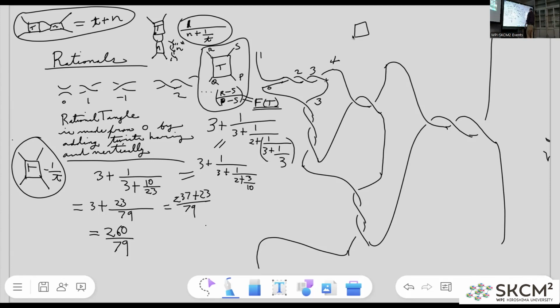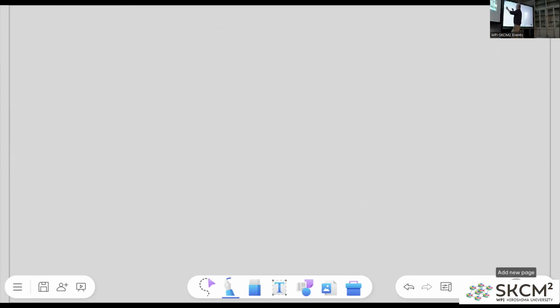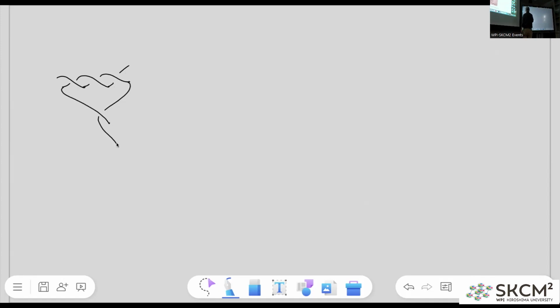I'll go on to another board. Let's take a real one that isn't too large, like this one. Okay, and we'll do it 0 and 1, and then 2. 2 times 2 is 4 minus 1 is 3, and 2 times 3, 6 minus 2 is 4, and then here's a 0 and here's a 3, and this would be a minus 3 coming down here, and this would be a minus 6.